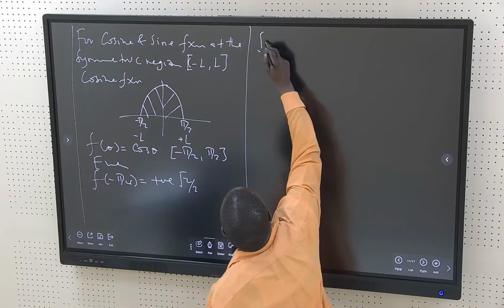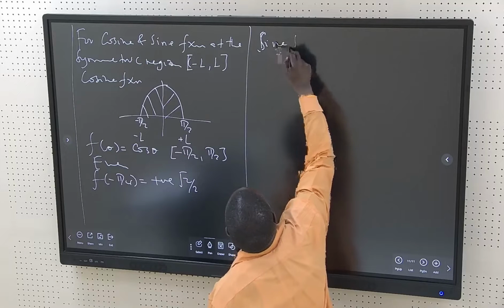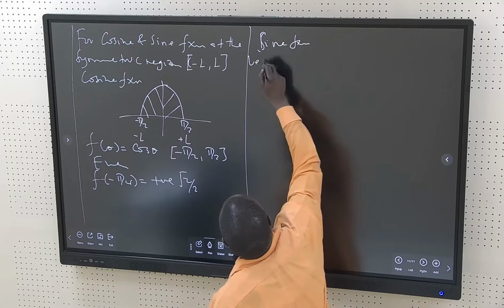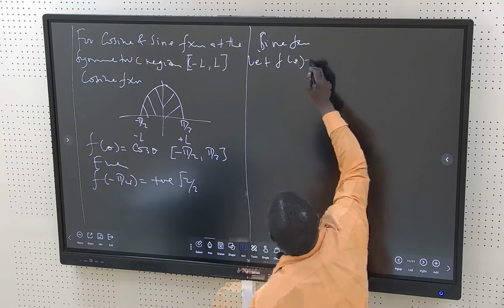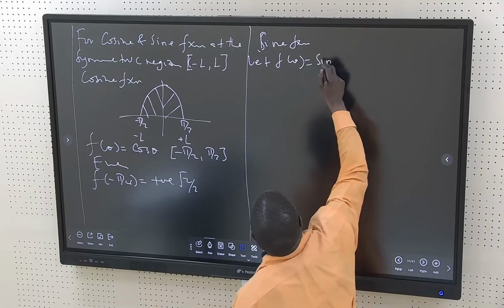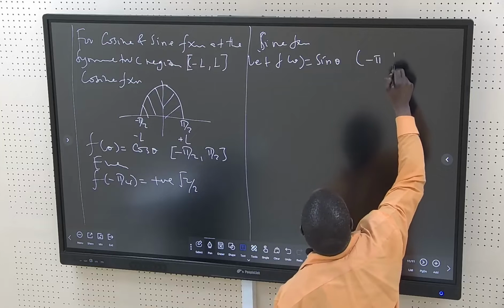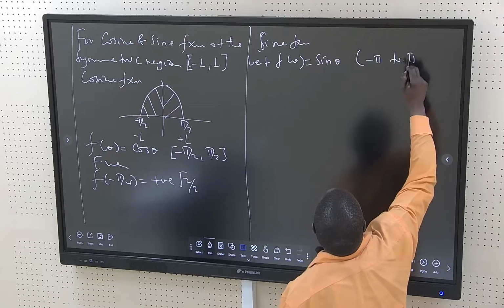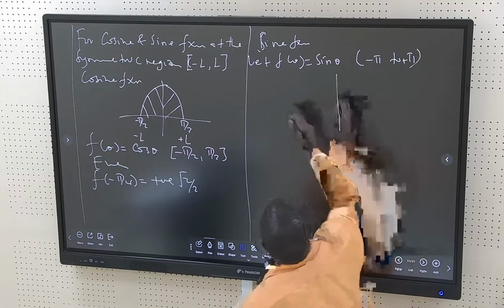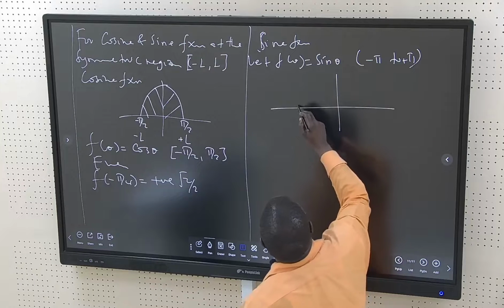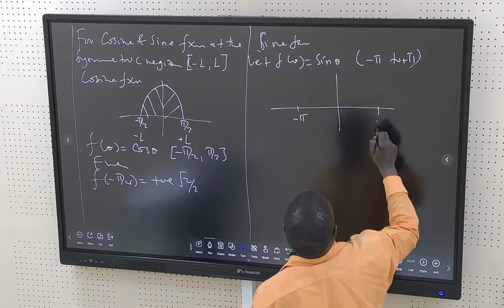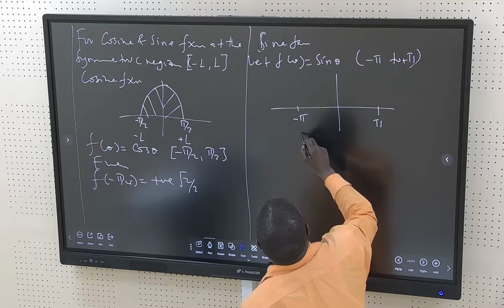sine function? We say let f of theta equals sine theta for the symmetric region from negative pi to positive pi. See here, from negative pi to positive pi. How does it look?